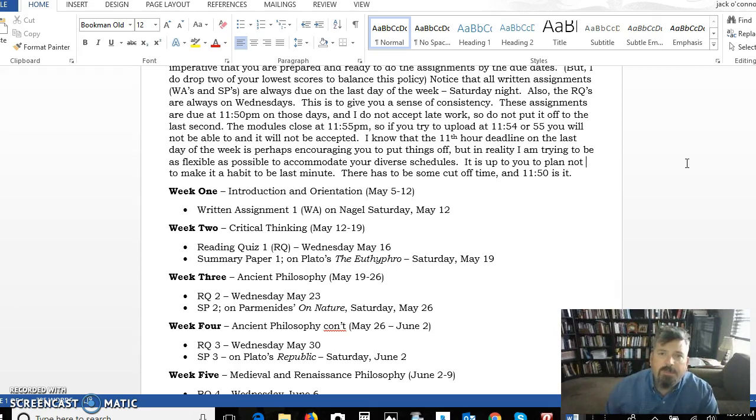So here's the deal. I'm not going to take any late papers. But I want you to understand why. It's not because I'm mean. It's because there's got to be a due date sometime. It wouldn't matter whether the due date was 1 in the morning or midnight or whatever, there will always be 25 to 30% of people who didn't meet the deadline for whatever reason.